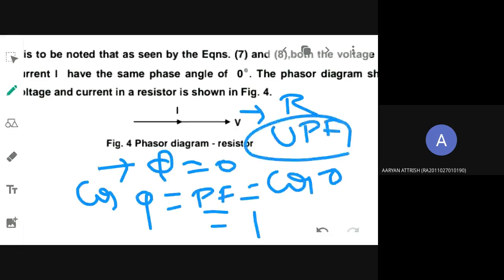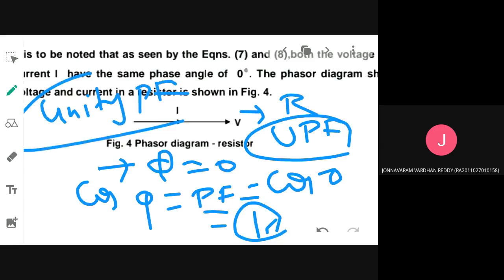PF means power factor, and U means unity, since 1 is represented by unity. So unity power factor, only for which case? Resistance, not inductance or capacitance. Remember this concept: the power factor for a resistive element is equal to 1, which is unity power factor. This is only for an individual resistive component.